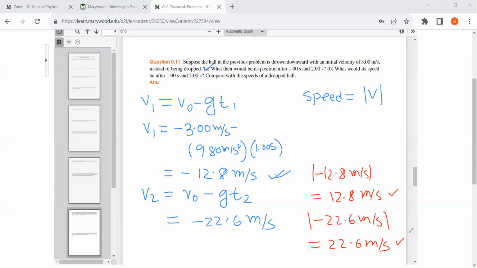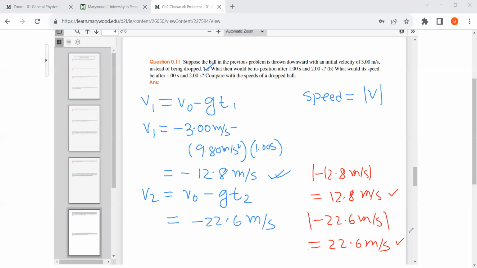So the trick is, if the object is moving upward or downward in a straight line and does not change direction, if it keeps going upward, or keeps going downward, then we can do that.